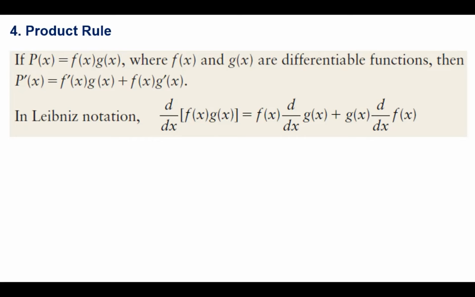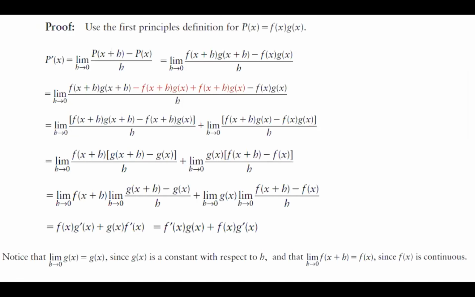All right, let's see the proof together. Again, we can use the first principle definition for P(x) equals f(x) times g(x). According to the first principle definition, the derivative of P(x) is the limit of (P(x plus h) minus P(x)) over h as h approaches 0, right?